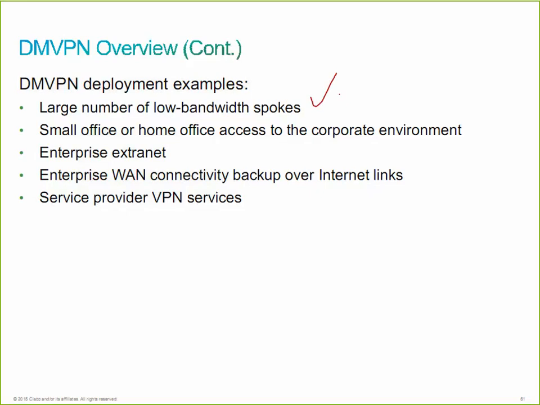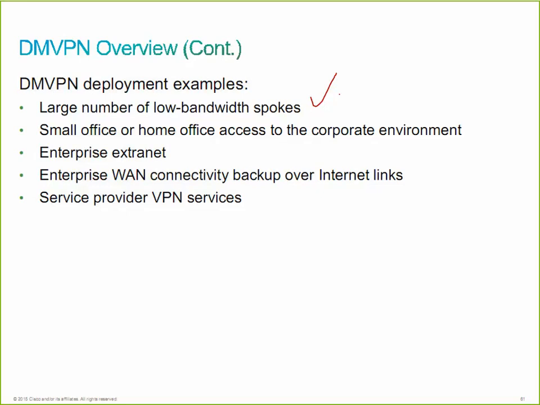The most common place that I've seen this, and we see this all the time, is a bank ATM network. We have a lot of ATMs, potentially thousands of ATMs, but there are very low bandwidth spokes.